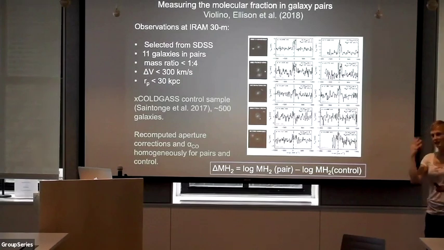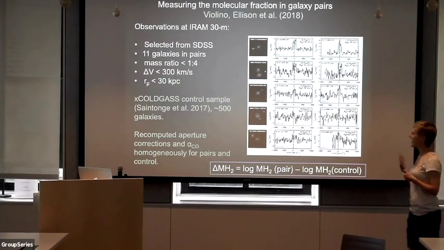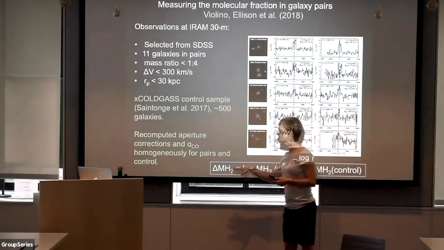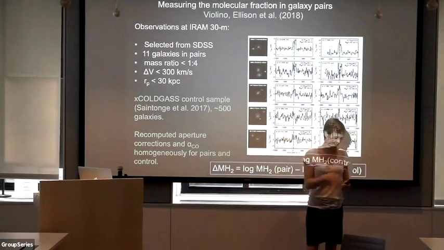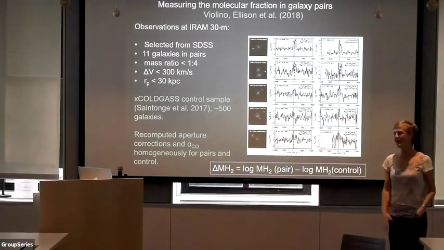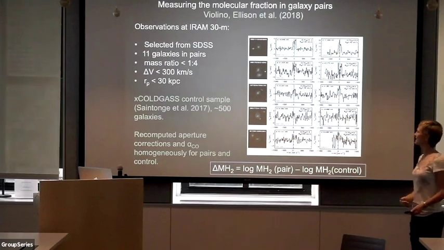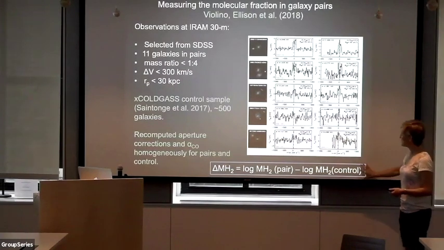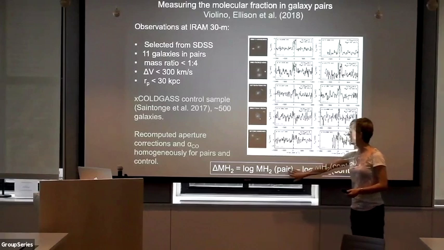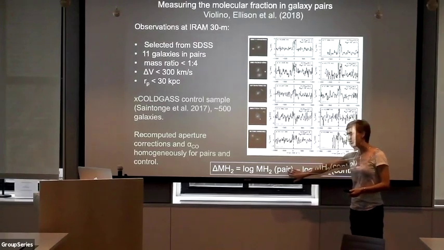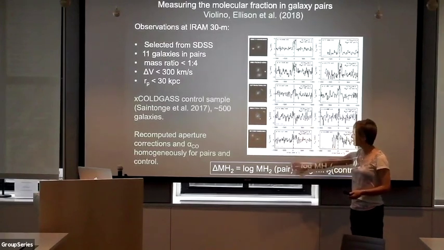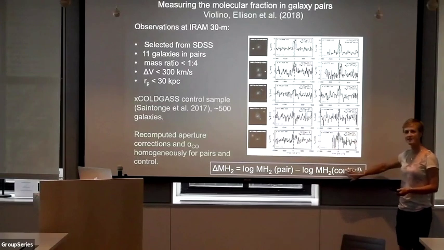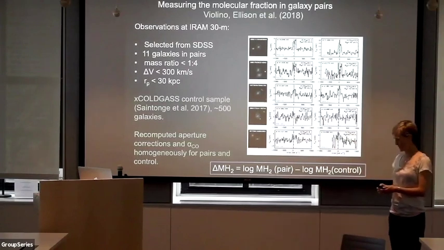Once again, we had a control sample, and we tried to be very careful about things like aperture corrections and conversion factors, which, if I was talking to a mainly observational audience, they would always ask about. A small sample, but nonetheless, we do the controlled experiment of measuring, again differentially, the mass of molecular gas in our 11 pairs compared to the mass in the control sample.